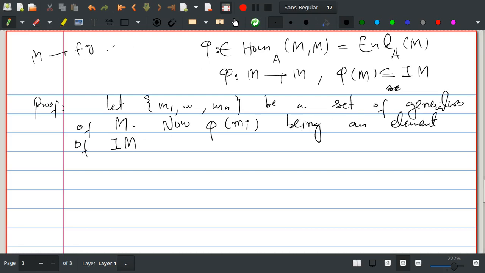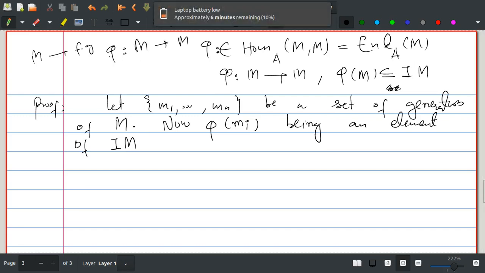Now to define this homomorphism, it is enough to write the images of these generators, because if we know the images of these generators, we can have the image of whole M. So we are going to define this phi only on these little m_i's.